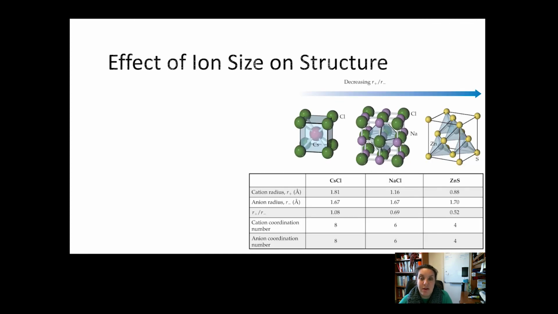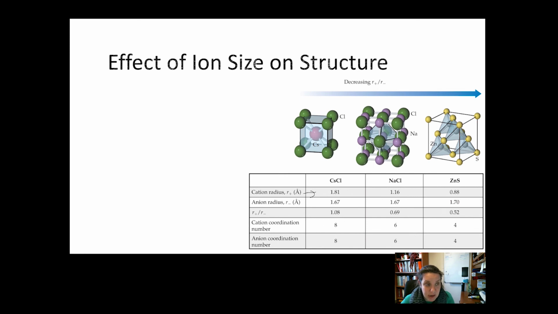So let's see how our ion size affects our structure. Here we've got cesium chloride, sodium chloride, and zinc sulfide. In each case, our anion is about the same size at about 1.7, and our cation radius is decreasing: 1.81, 1.16, and 0.88.